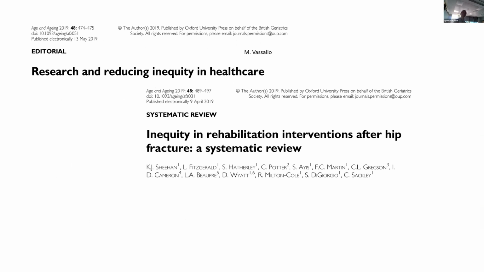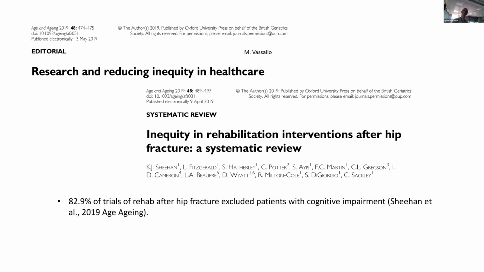And it's based around a systematic review around rehabilitation interventions after hip fracture. And what that review found is that many patients are excluded from being participants in these trials based on equity factors. So things like advanced age, place of residence, living in a care home, disability, having cognitive impairment, these kinds of things.